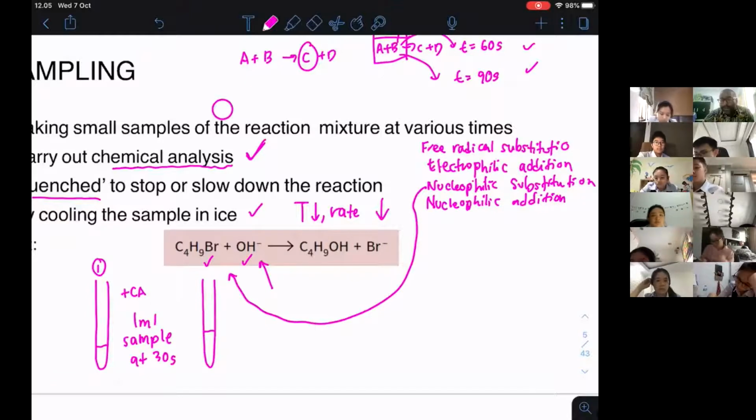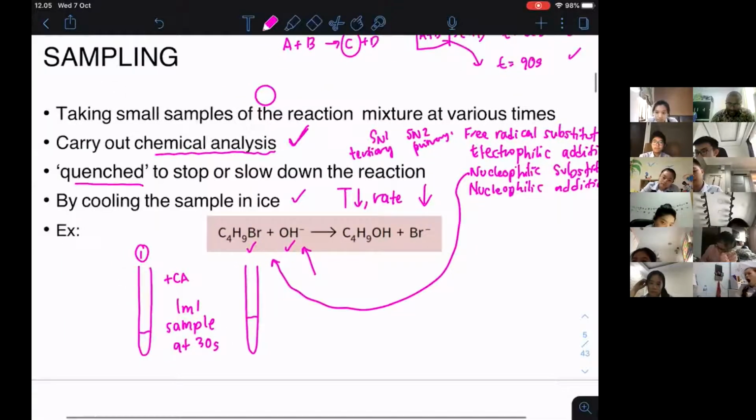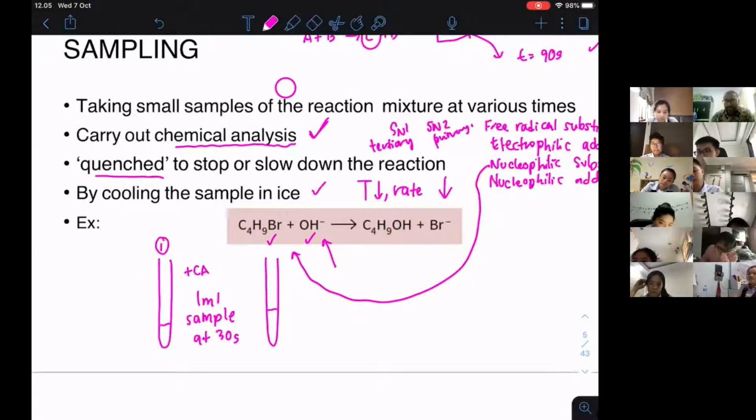If nucleophilic substitution, then you need to know whether they are SN1 or SN2. Please go and revise on this. SN1 is always for tertiary haloalkane. SN2 is always for primary haloalkane. Here, if you look at C4H9Br, this one is not a structural formula.